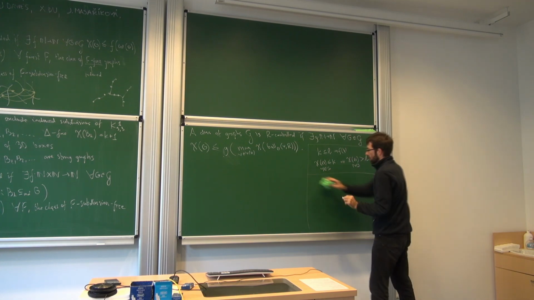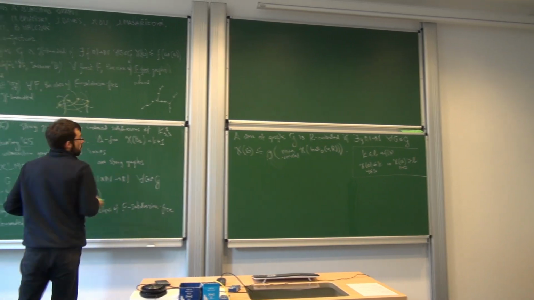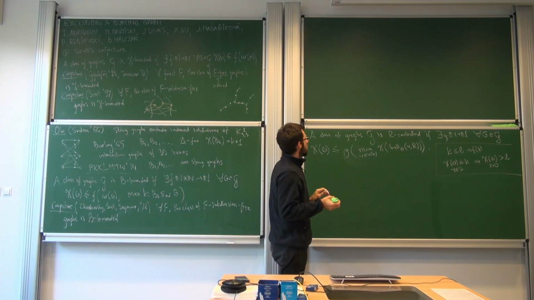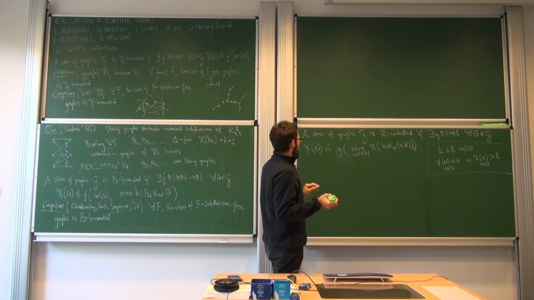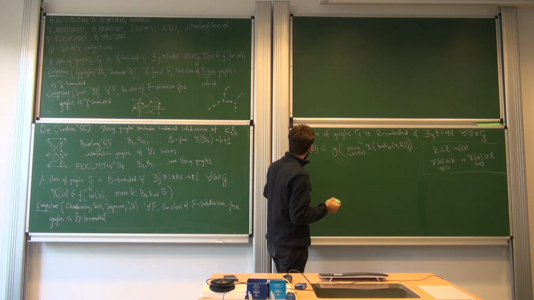Okay, so that's it about chromatic number approximation. So let's go back to this notion of R control. So we can write the following sequence of implications. One notion that we have is chi-bounded, and it turns out to be equivalent to one controlled.